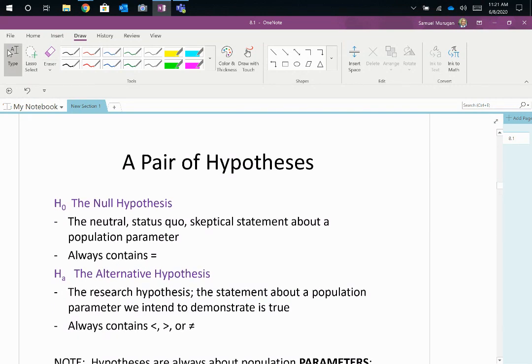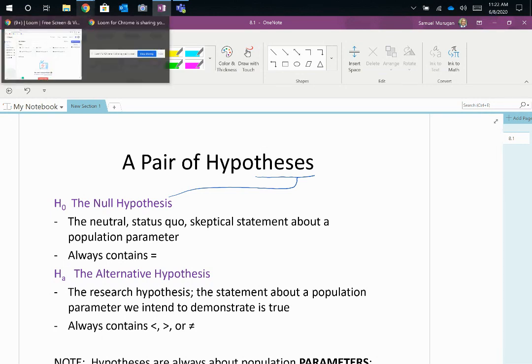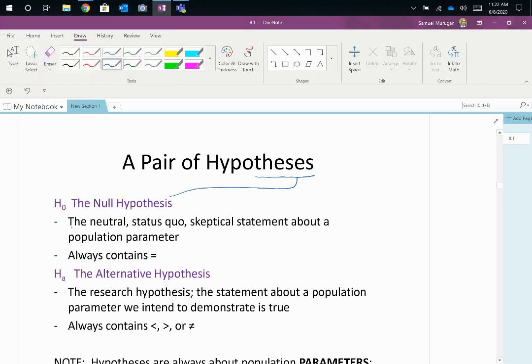All right, now we're going to talk about a pair of hypotheses. When we're talking about more than one hypothesis, the plural has an E in it, okay? So the null hypothesis is the neutral, status quo, skeptical statement about a population parameter, and it always contains is equal to.